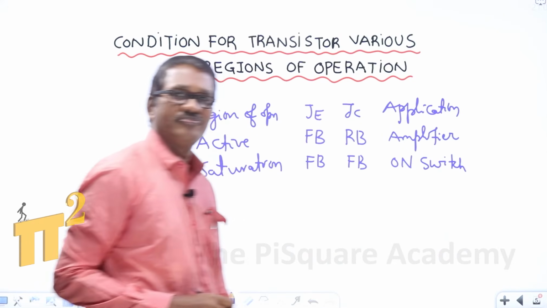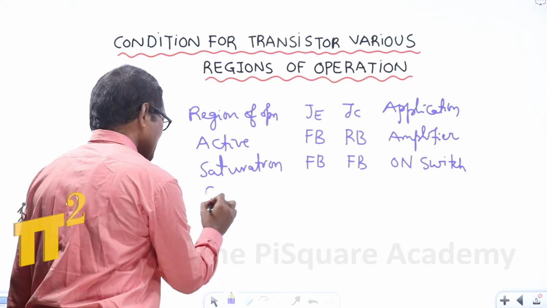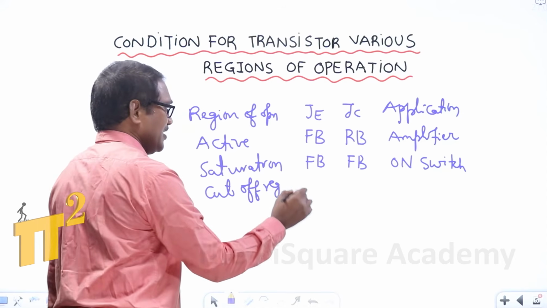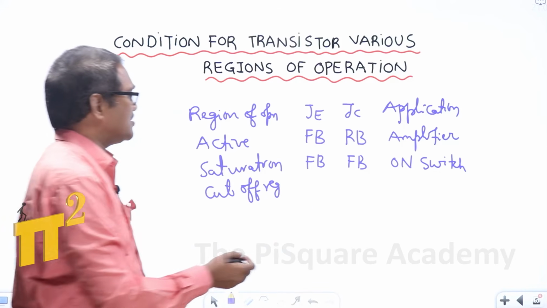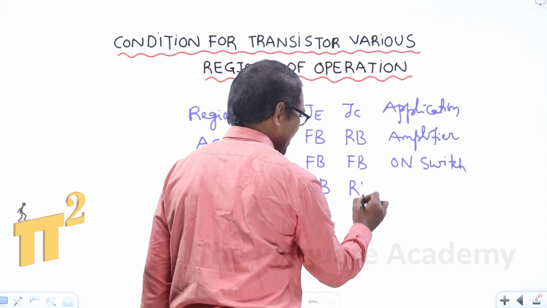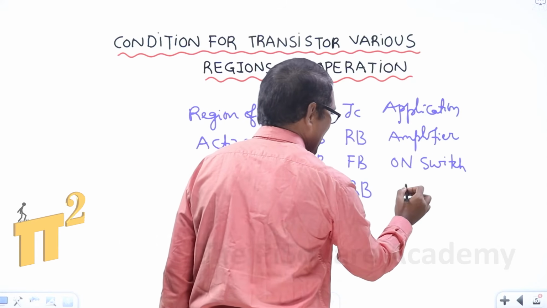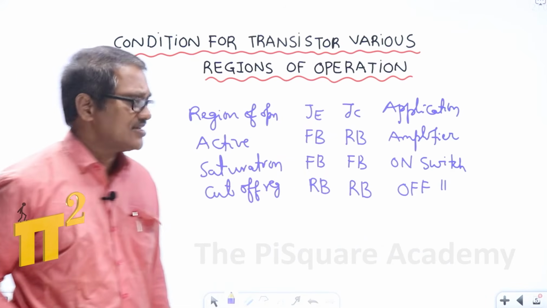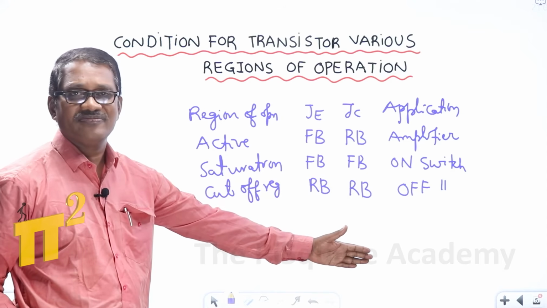Next is the cutoff region. If both junctions, JE and JC, are reverse biased, the transistor is said to be operated in the cutoff region. In this region, the transistor can be used as an off switch.